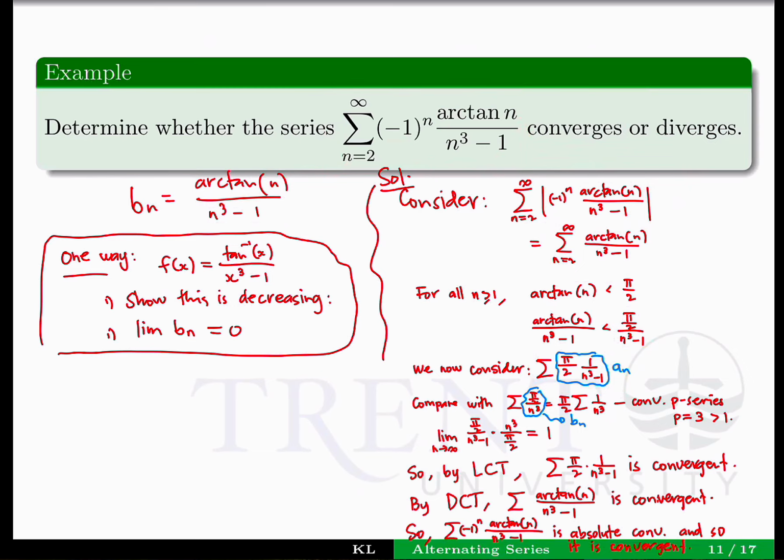On the other hand, this one, if we want to know if this is convergent, is not somehow straightforward. We needed to pass to the limit comparison test. We got denominator n cubed minus 1, and we take out that negative 1 so that we'll just have the denominator n cubed, which is a p-series. So we needed to pass to the limit comparison test.